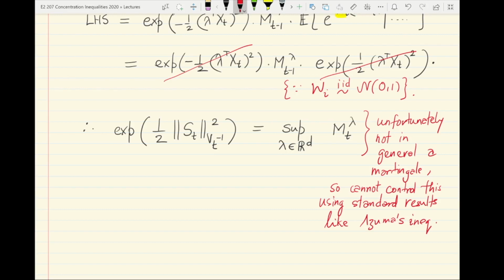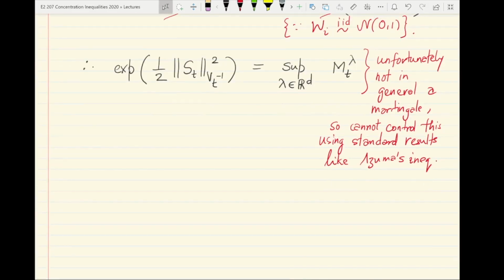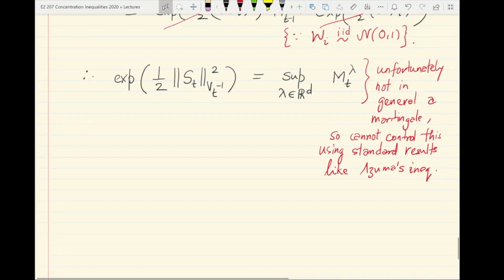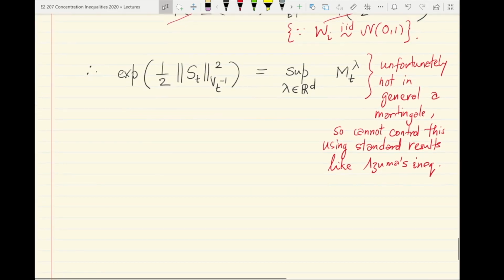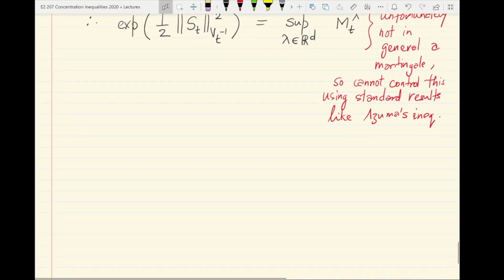Okay, so this leaves us at this brick wall where we can't really proceed at first glance to control the supremum of a really large family of martingales. So this is exactly where the method of mixtures enters and helps us find a way forward.